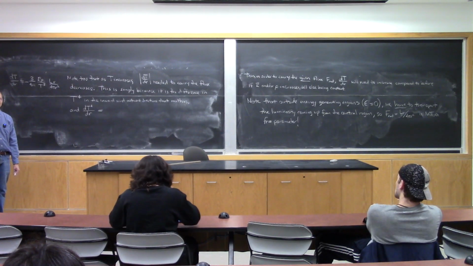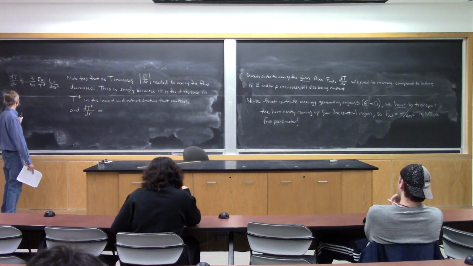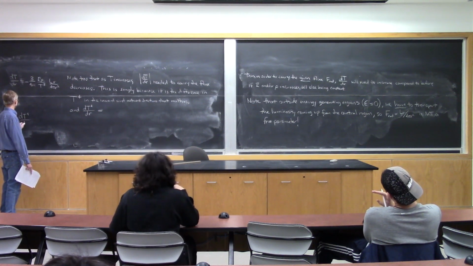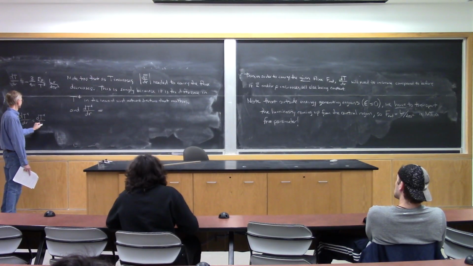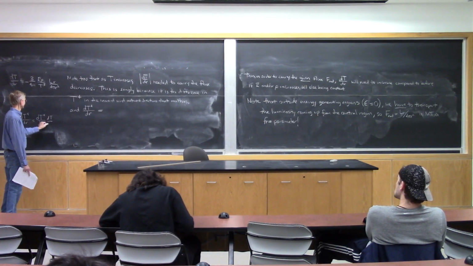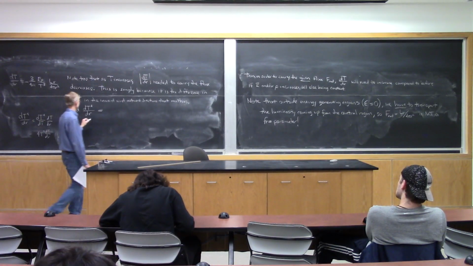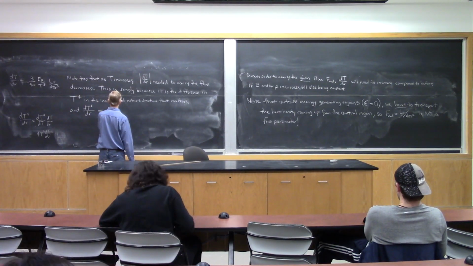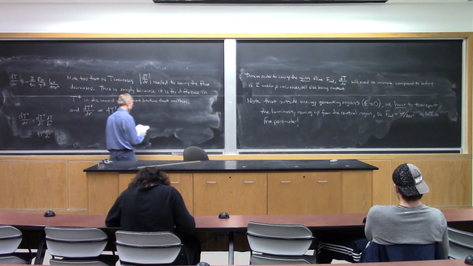It's 4T cubed times dT/dr, right? From the chain rule. So d(T^4)/dr is d(T^4)/dT times dT/dr. So it's 4T cubed dT/dr.